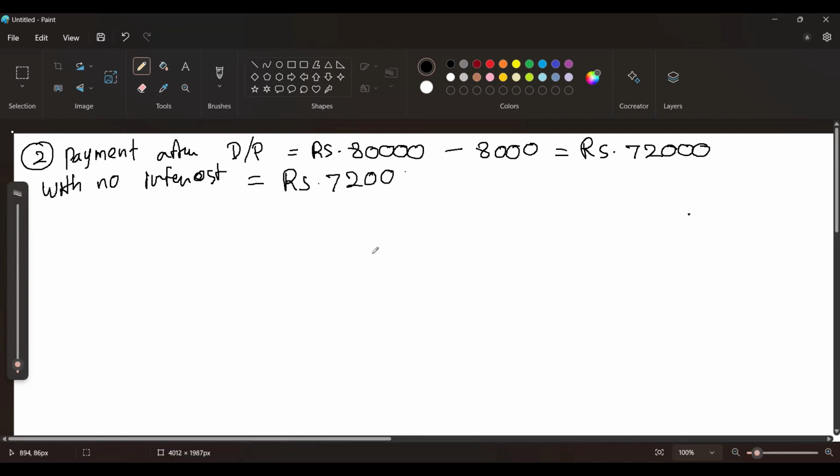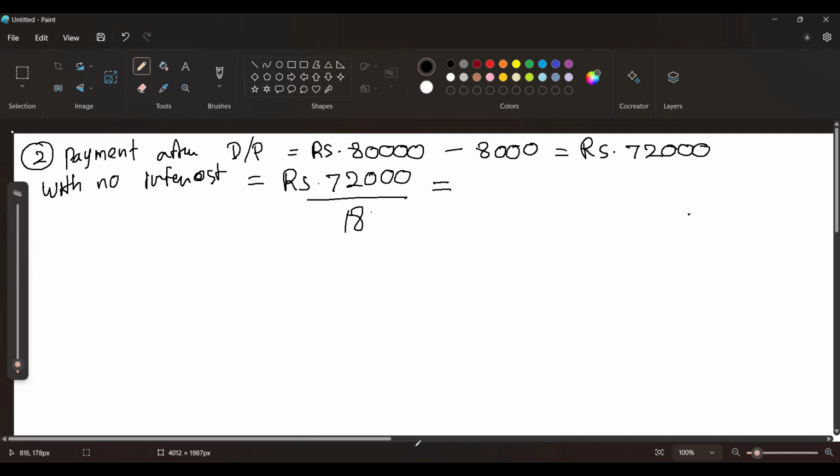They have to pay 72,000 for 18 months. So for 1 month, you have to divide this value by 18.